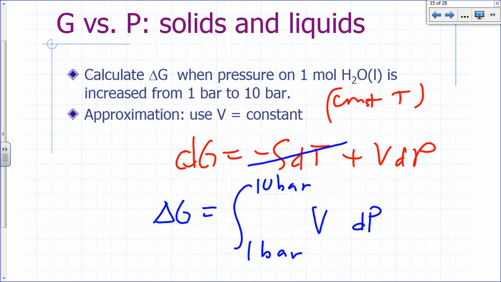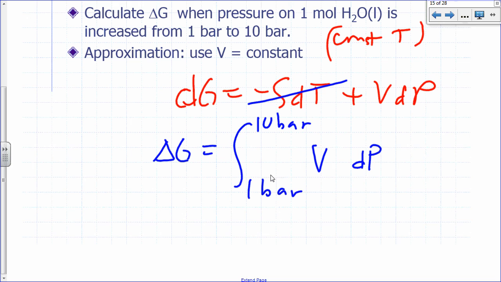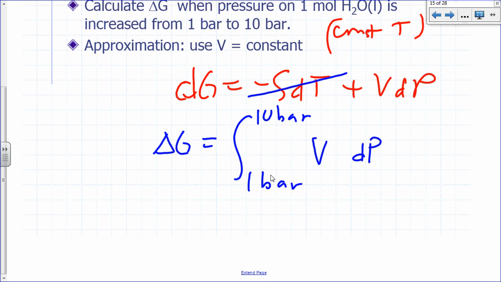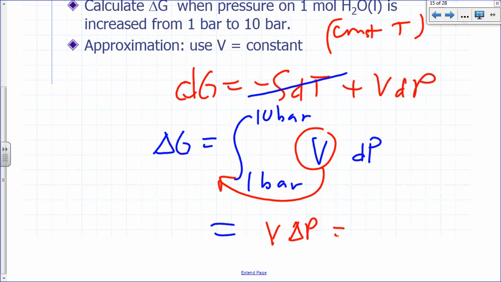Okay, does water change much? Does the liquid volume change much as you increase the pressure? No. So if volume is more or less independent of pressure, what can I do with this? Pull it out of my integral, so it's just going to be V delta P, right? V, volume, times 10 bar minus 1 bar.